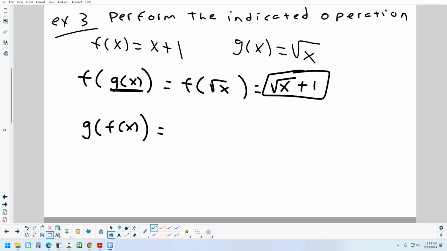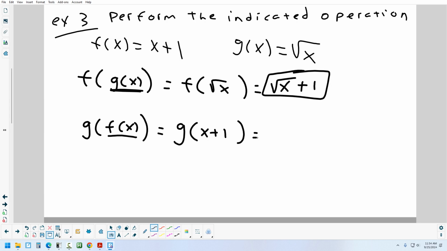Yep. First, you need to put the g and then in parentheses put the x plus 1 in there for f of x. Right. Replace the name with what that name actually is. It's f of x, but what is f of x? x plus 1. So that's step 1.